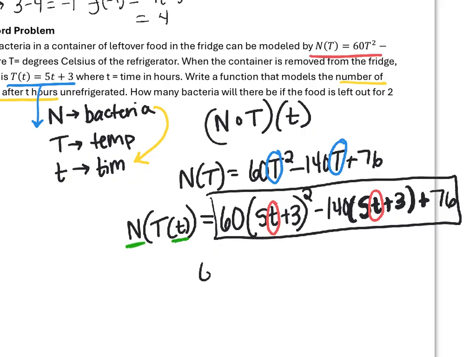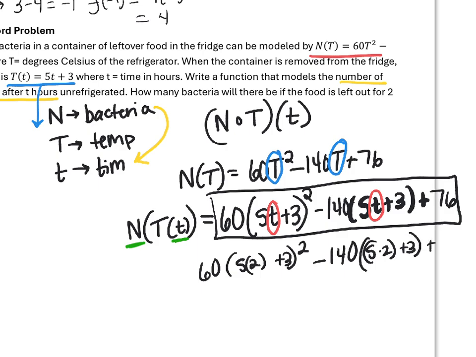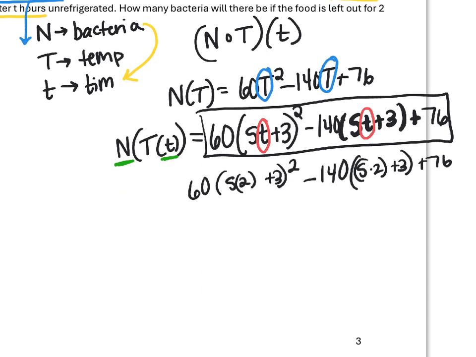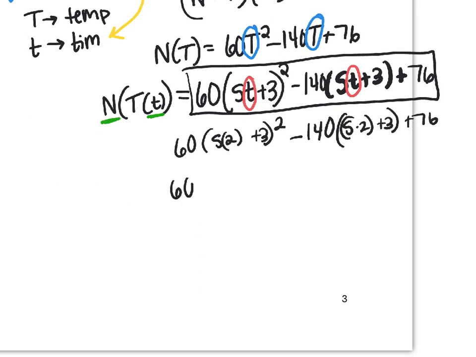So we plug in 2 for t. 60 times 5 times 2 plus 3 squared minus 140 times 5 times 2 plus 3 plus 76. So order of operations, start inside our parentheses. 60 times 10 plus 3 is 13 squared minus 140 times 5 times 2 is 10 plus 3 is 13 plus 76.